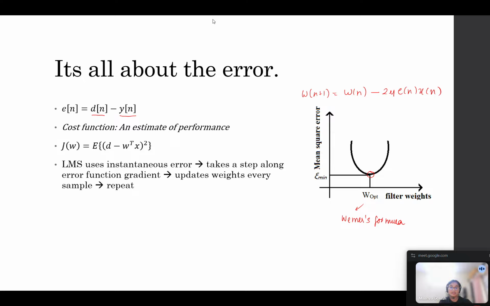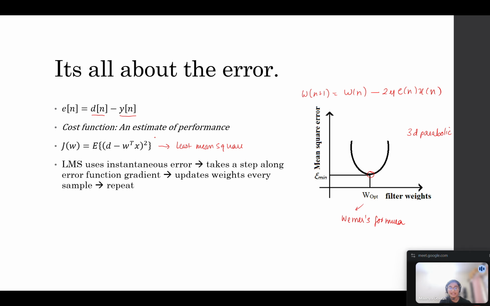Now the goal is to minimize the error. So the cost function here tells you how far you are from the desired signal. In this case, it is the least mean square. Hence, the function is like a bowl, like a 3D parabolic function.